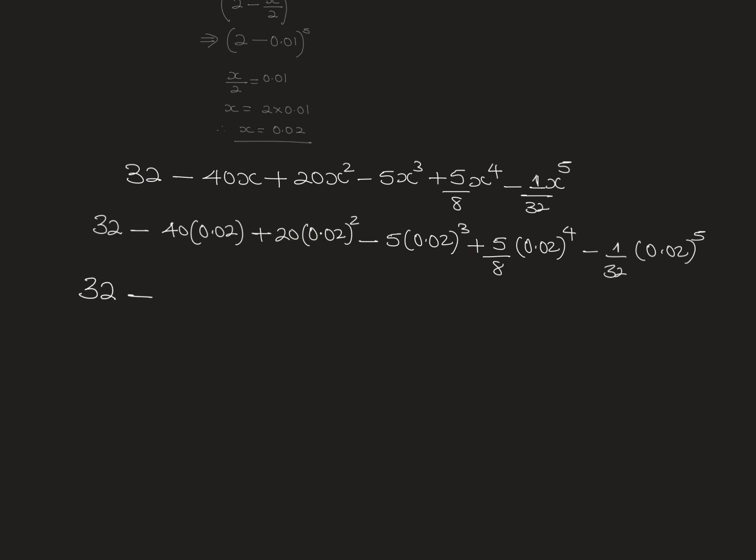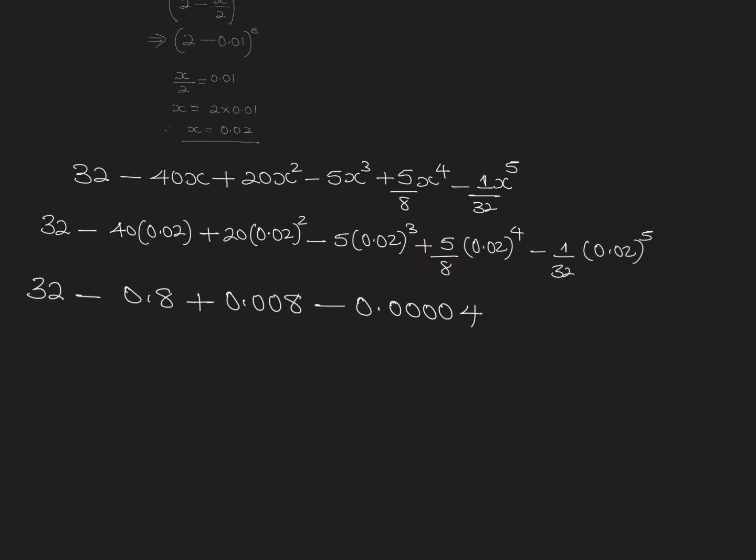That is 32 minus 40 times 0.02 is 0.8. Then plus 0.02 to the power 2. Whatever you have, you multiply it by 20, you will have 0.008. Okay? Then minus 0.02 to the power 3. Whatever you have, if you multiply it by 5, you will have 0.00004. Okay?